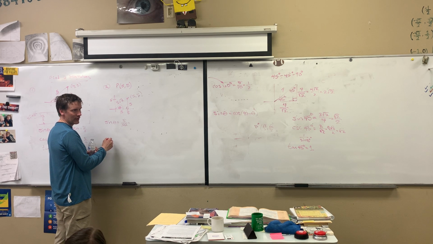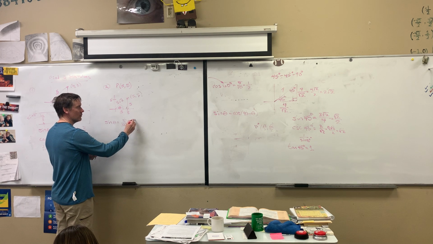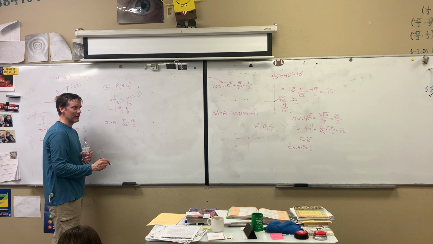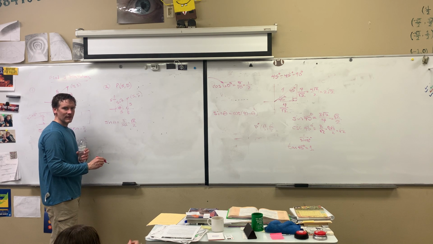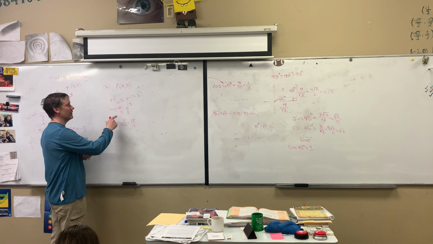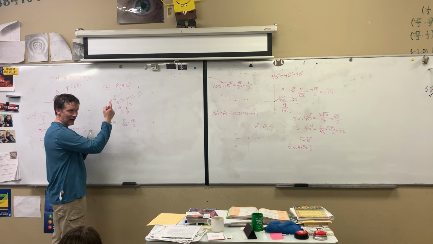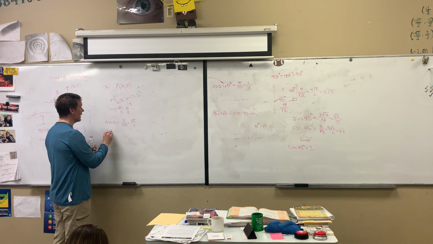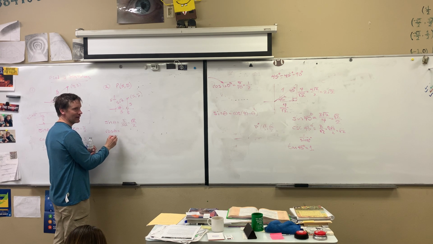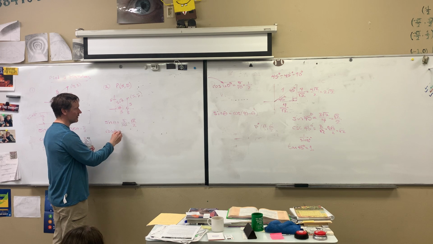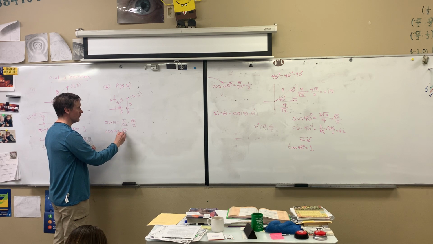Therefore, it's √2 over 2. And then you're like, wait a second, I've seen that value just recently. Well, yeah, because if this is isosceles, what's the angle measure here? 45, yeah. So as you start to memorize this, what do you know cosine is then? Without having to write the whole thing out, it's √2 over 2.